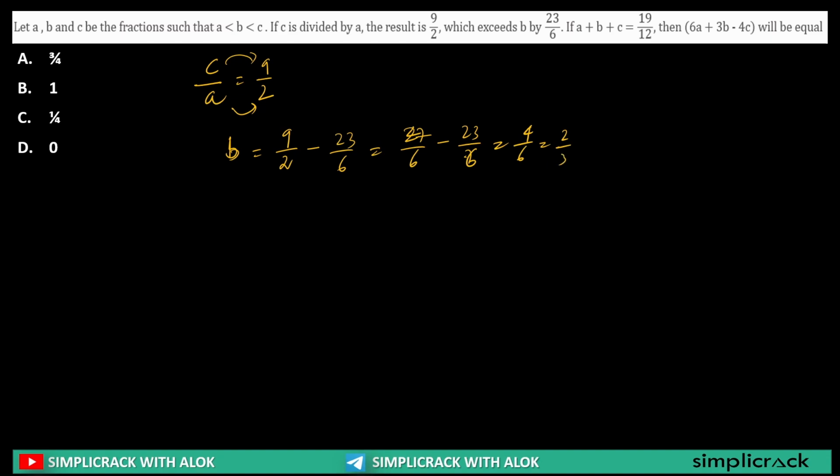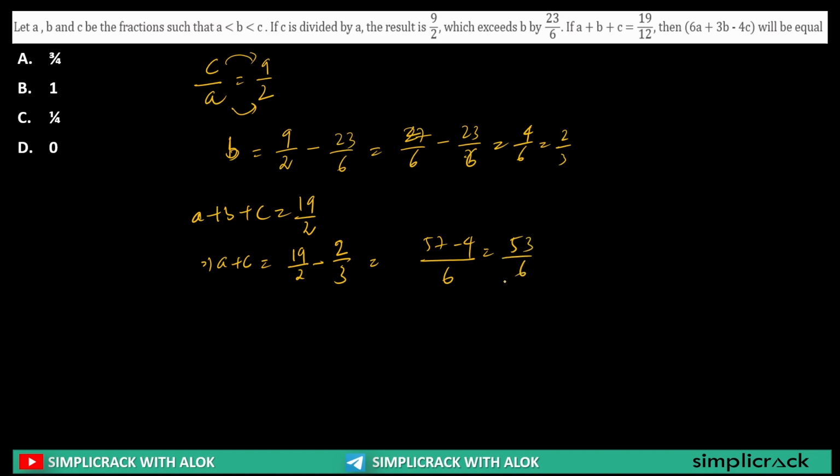Now if I have to put the value over here, it is written a plus b plus c is equal to 19 by 2. So a plus c is equal to 19 by 2 minus b, that is 2 by 3.